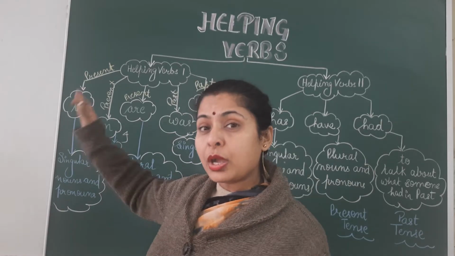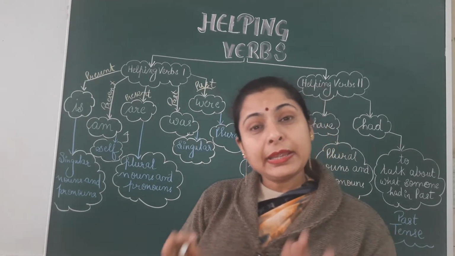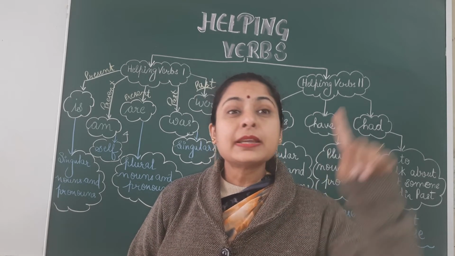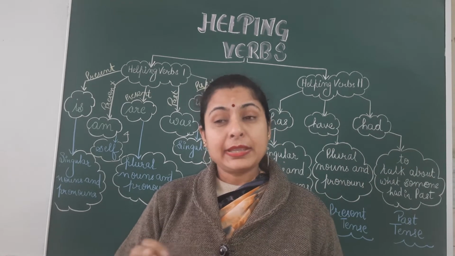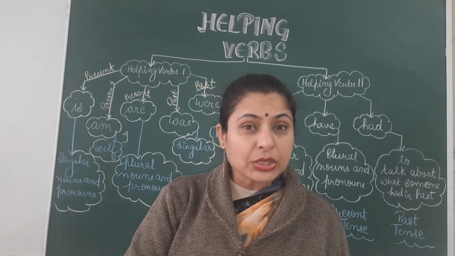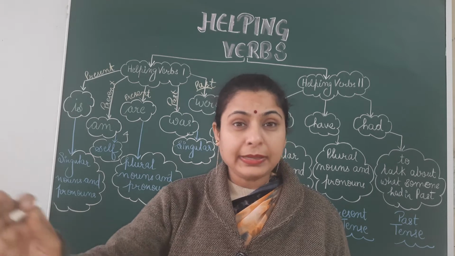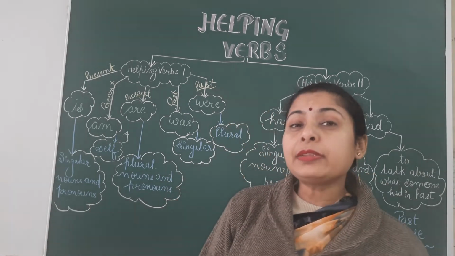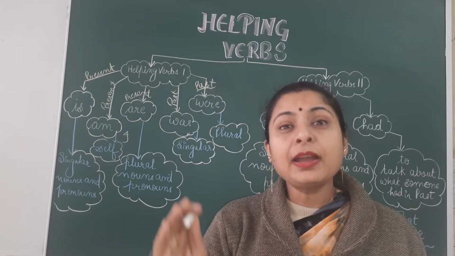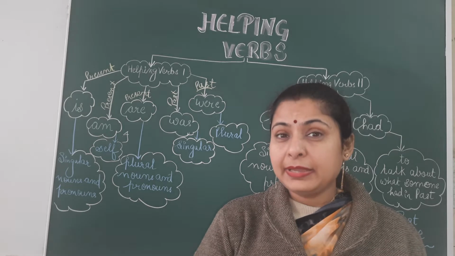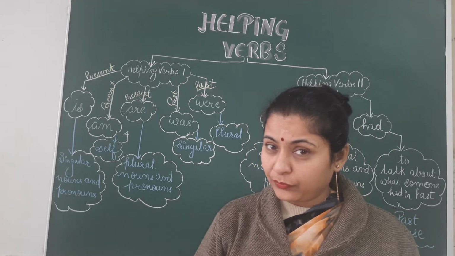Similarly, if we talk about is, he is a boy. He is standing there. He is eating lunch. She is my good friend. She is going there. Neha is writing. Neha is my best friend.